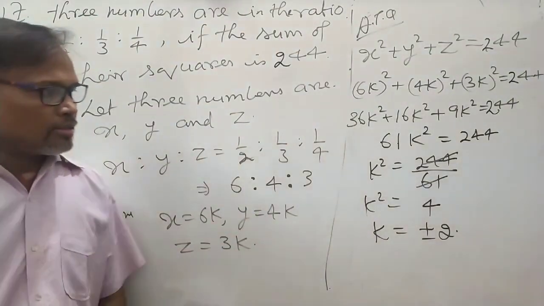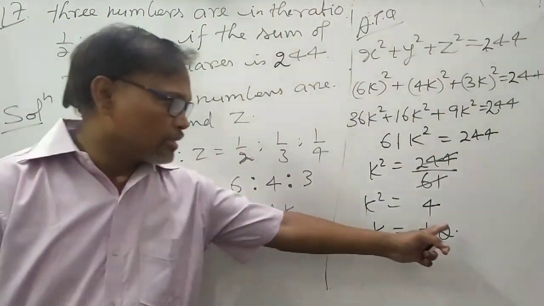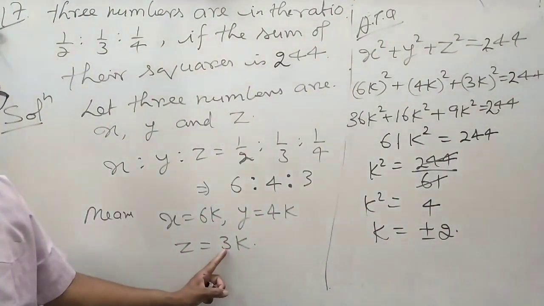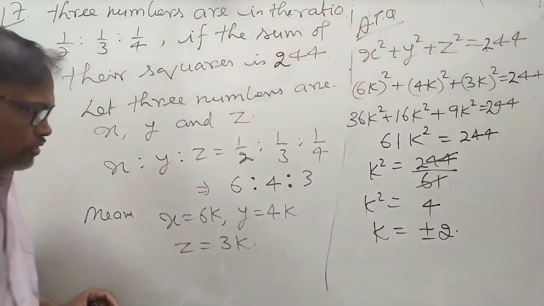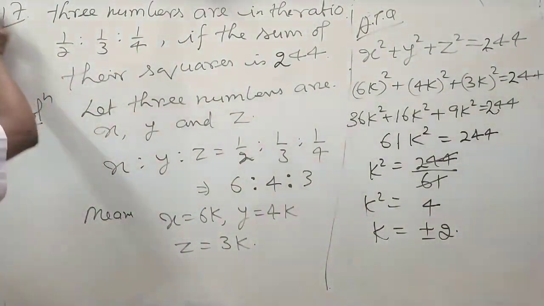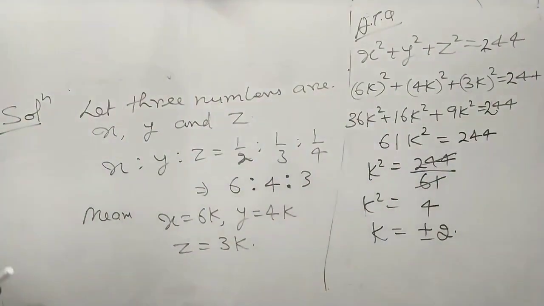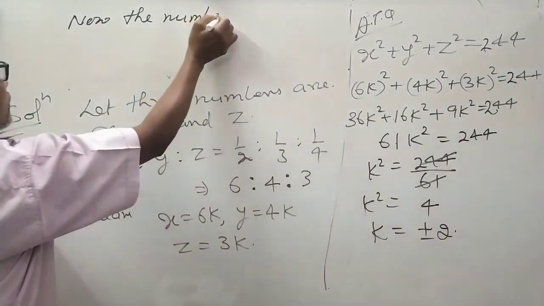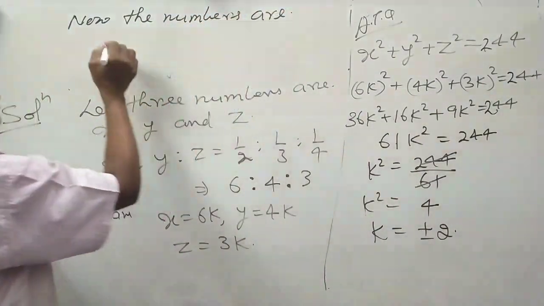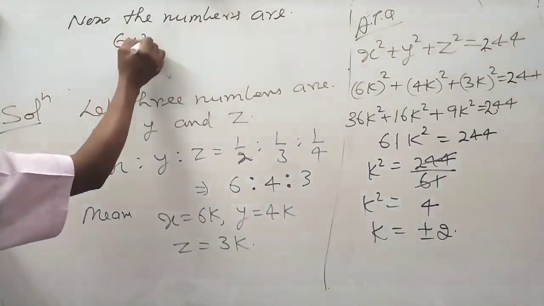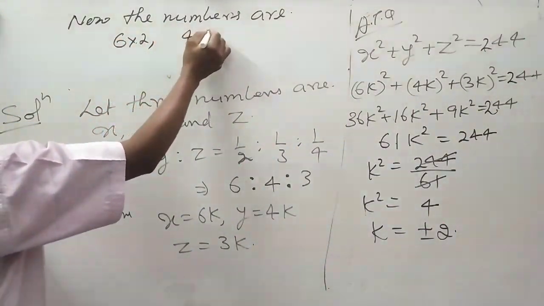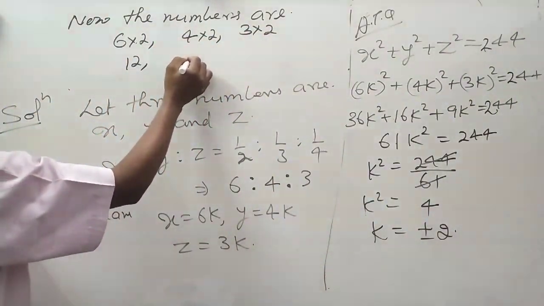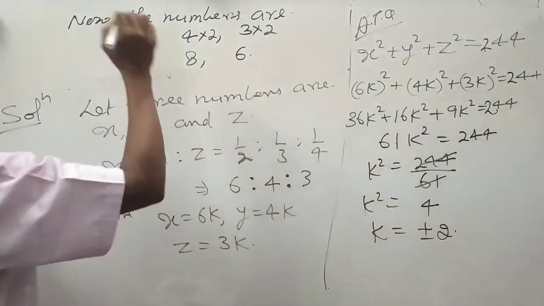And what are the numbers? 2 6s are 12, 2 4s are 8 and 2 3s are 6. So the numbers are 6 into 2, 4 into 2, 3 into 2: 12, 8 and 6.